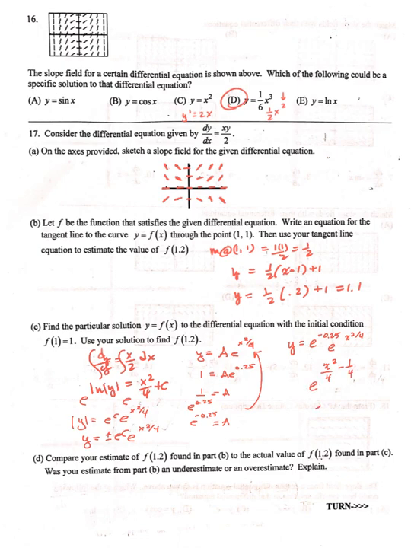So that's just e to the x squared minus 1 over 4. And then we're going to find an approximation for 1.2. So f of 1.2 is approximately e to the 1.44 minus 1 over 4.